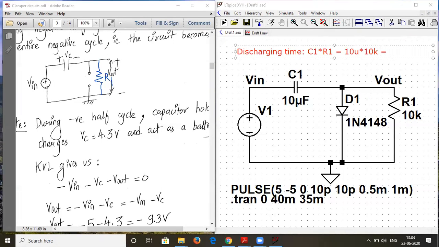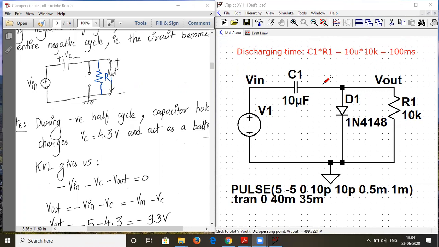Let me calculate using a calculator. 10 micro multiplied by 10K. So this number is coming out to be around 100 milliseconds. That means the capacitor takes around 100 milliseconds to discharge completely.